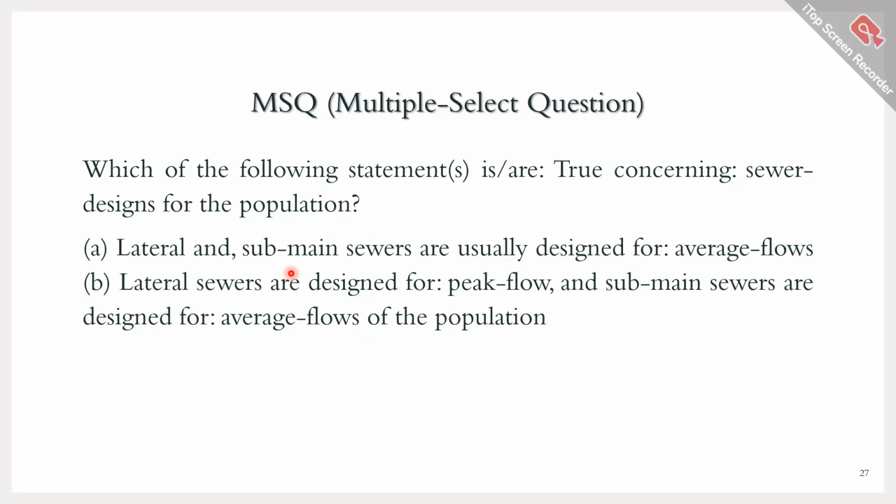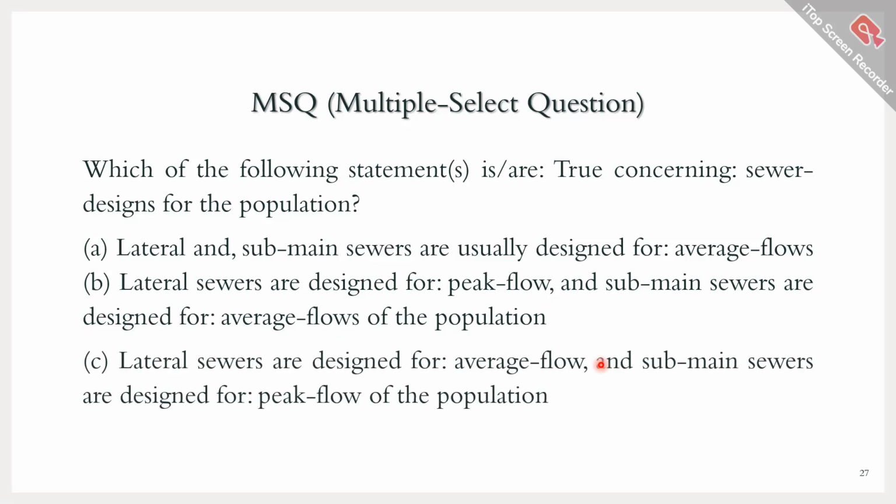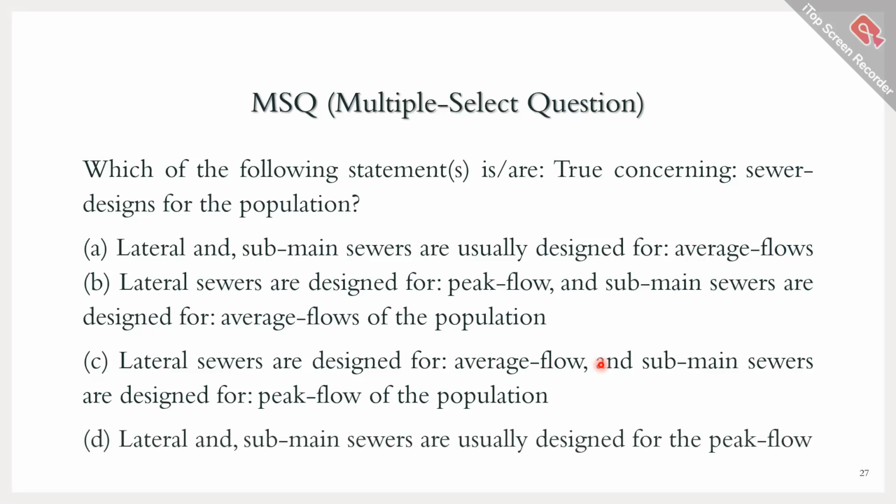Option A, lateral and submain sewers are usually designed for average flows. Option B, lateral sewers are designed for peak flow and submain sewers are designed for average flows of the population. Option C, lateral sewers are designed for average flow and submain sewers are designed for peak flow of the population.